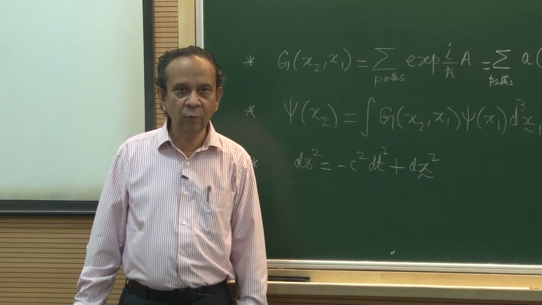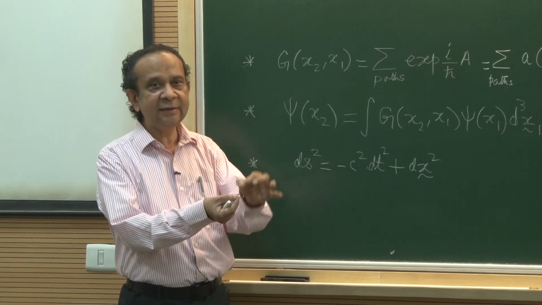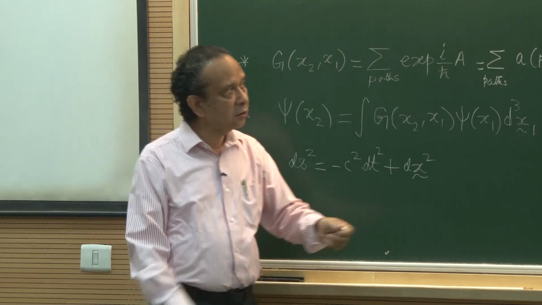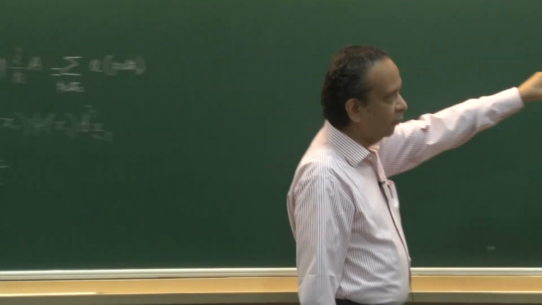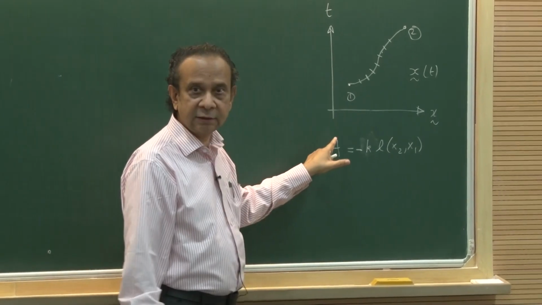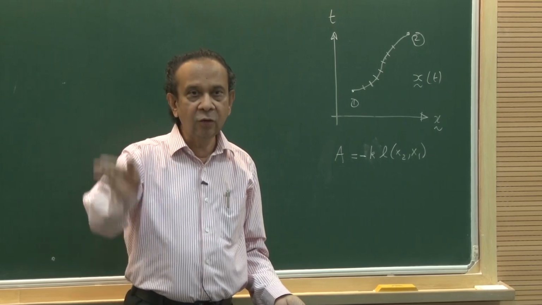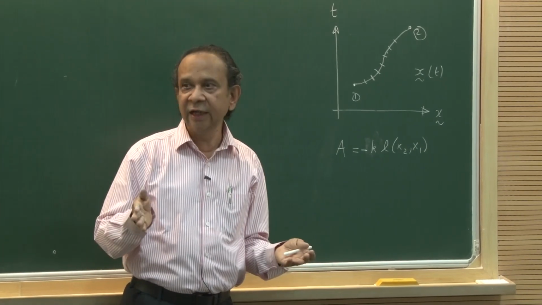Suppose you take a path such that the x does not change. You can also have a path in space time where a particle is simply sitting somewhere, this vertical axis, where x is equal to 0 all the time. So it goes in time, but it is not moving in space.